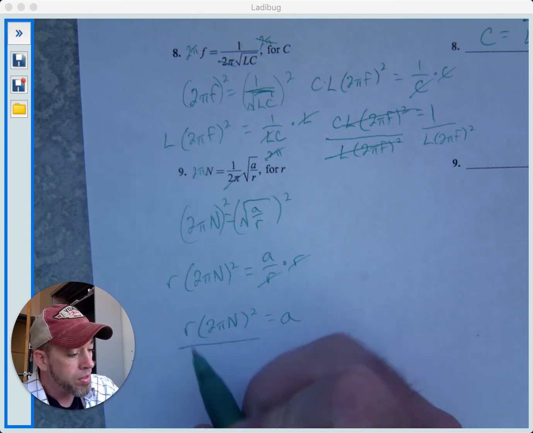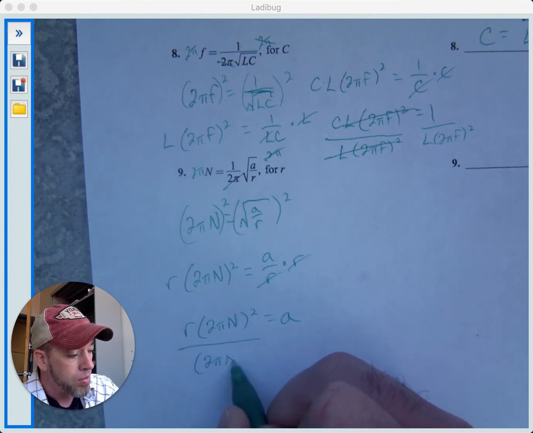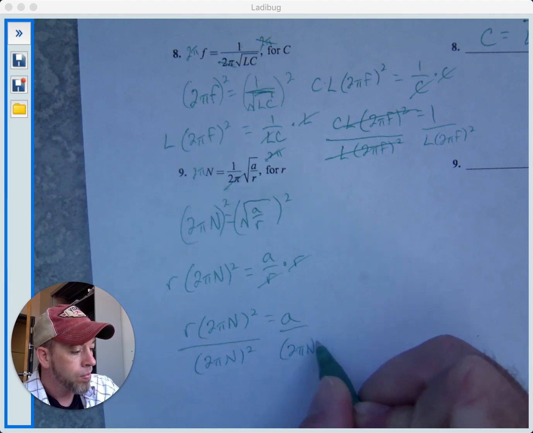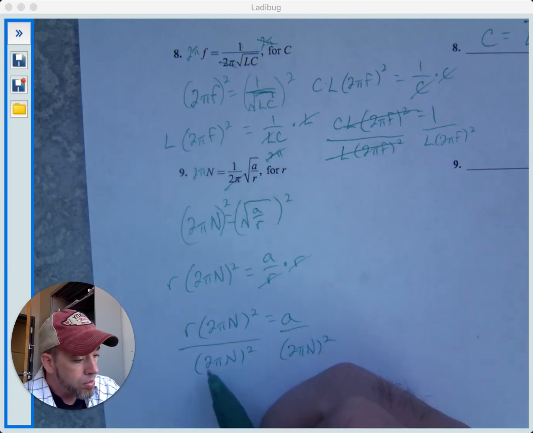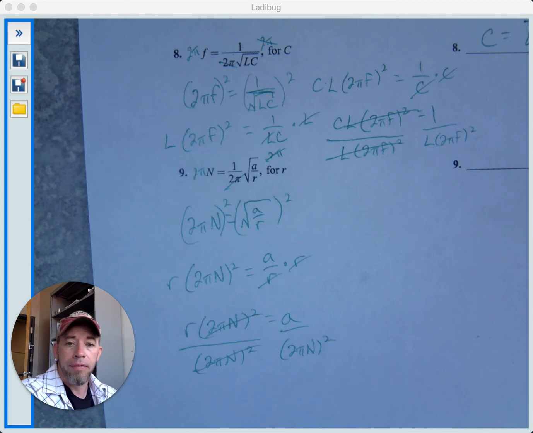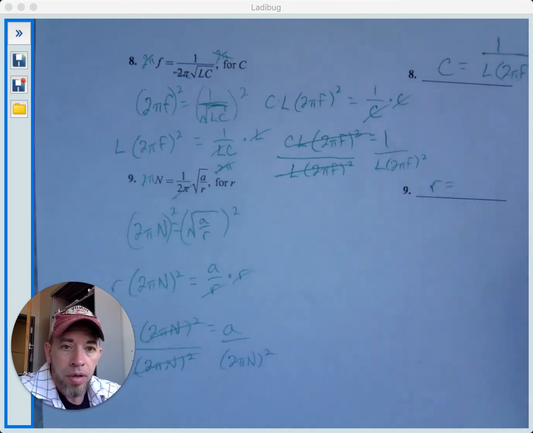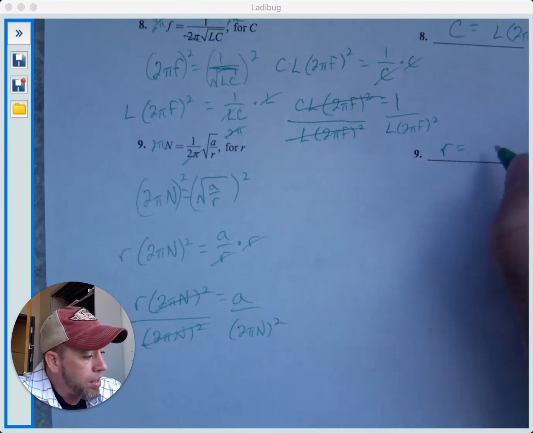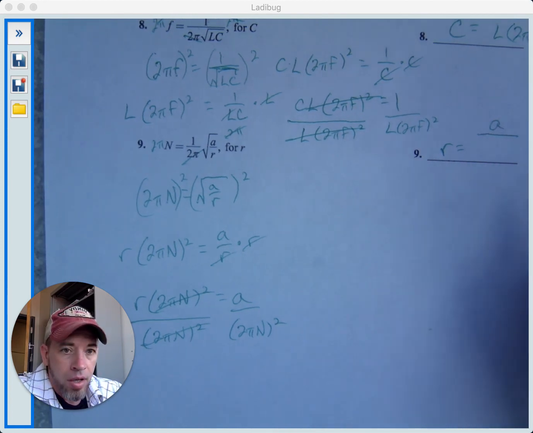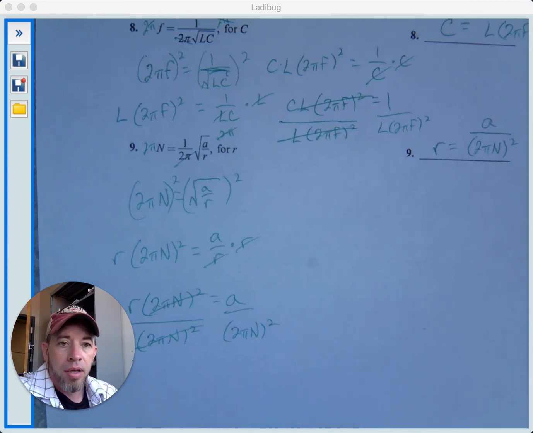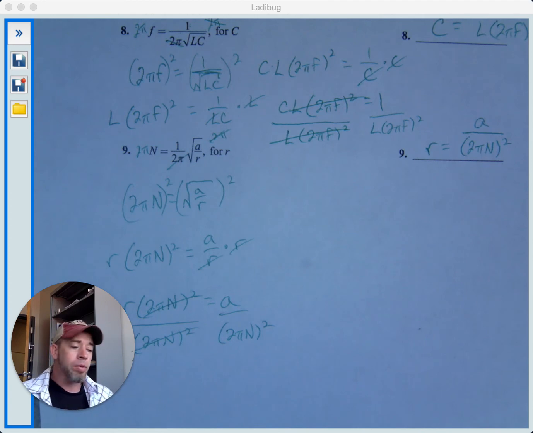So we divide both sides by 2 pi n quantity squared. And so that goes away. Now we have r completely solved for. We got r by itself. So r is equal to all that stuff, a over the quantity 2 pi n squared. And we're done. Not terrible.